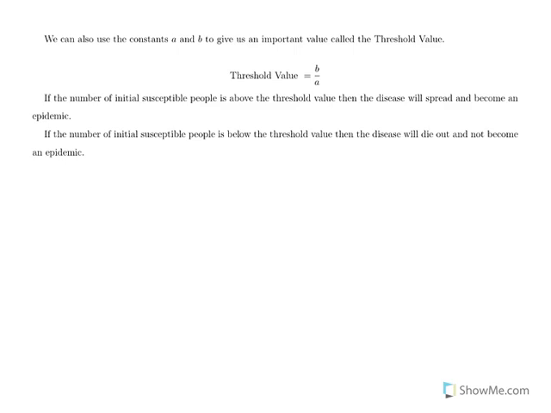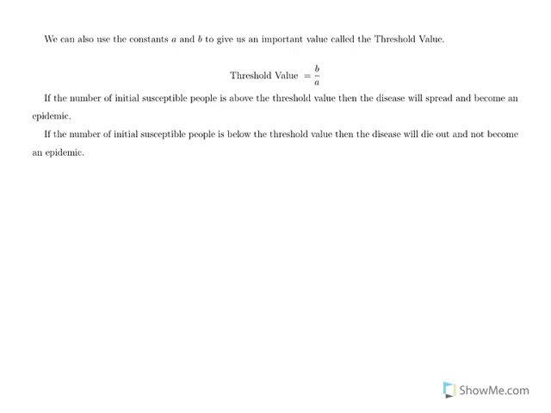It's going to expand into the total population eventually. If the number of initial susceptible people is below that threshold value, then the disease is just going to die out. It's not going to spread, and it's not going to become an epidemic. This is tracking how quickly you can recover versus how infectious it is.